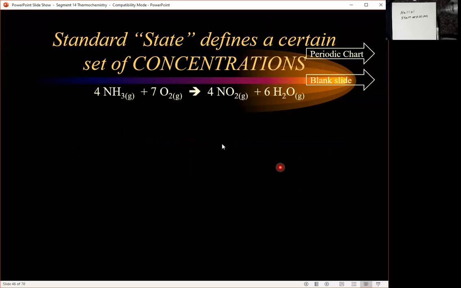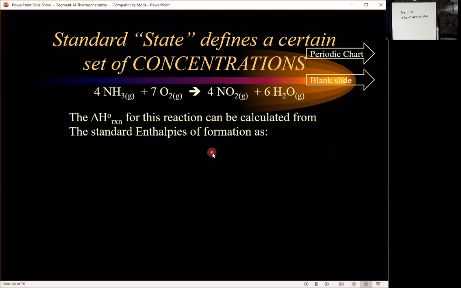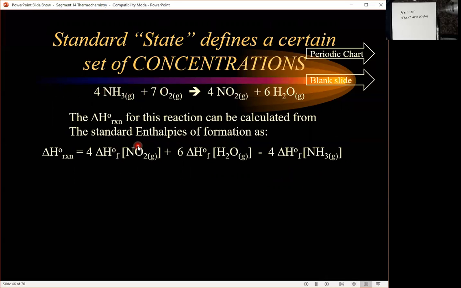Probably not. Let's illustrate something else now about the standard state that's really, really critical. Here's a different reaction. Ammonia and oxygen can be oxidized to make nitrogen dioxide and water, and these are all gaseous. Now, you can calculate it from the standard heats of formation.